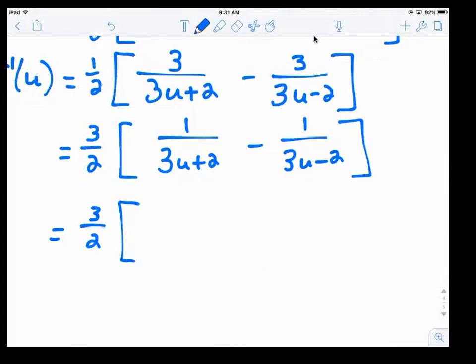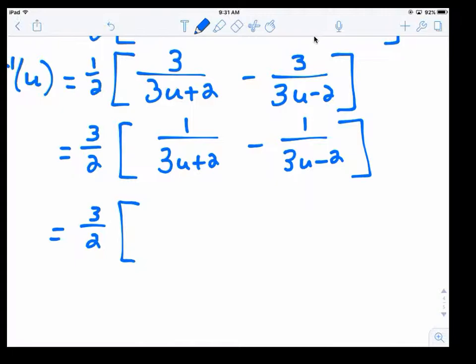So what would I need to multiply on the top and the bottom so that I can get the same denominator? 3u minus 2, right? So I'm going to multiply this term and this term by 3u minus 2, and then this term and this term by 3u plus 2, right?